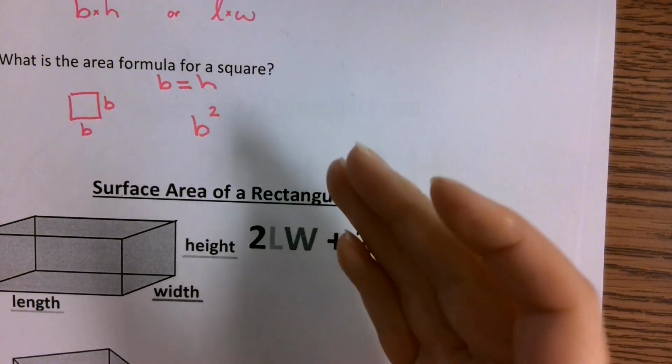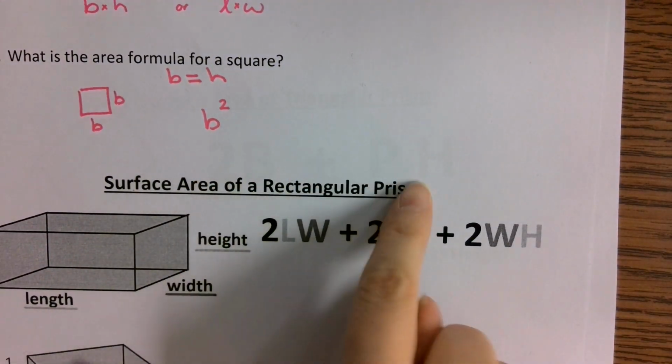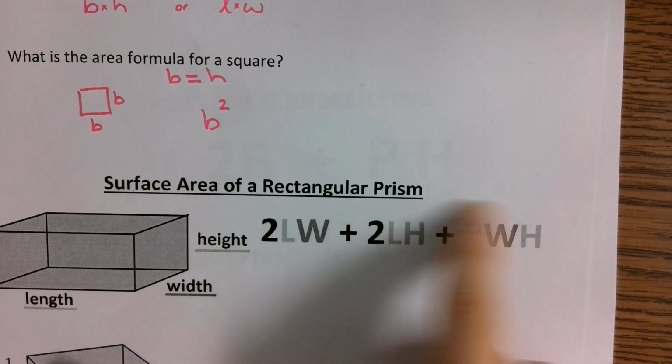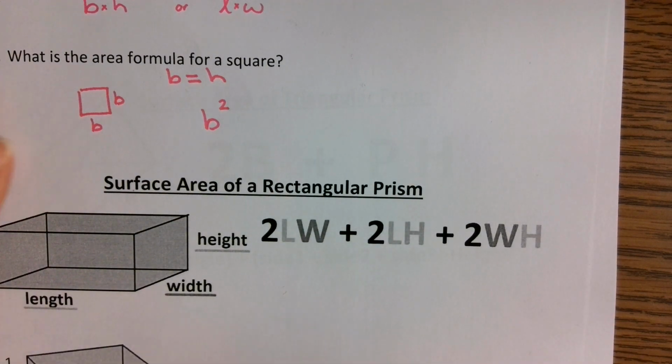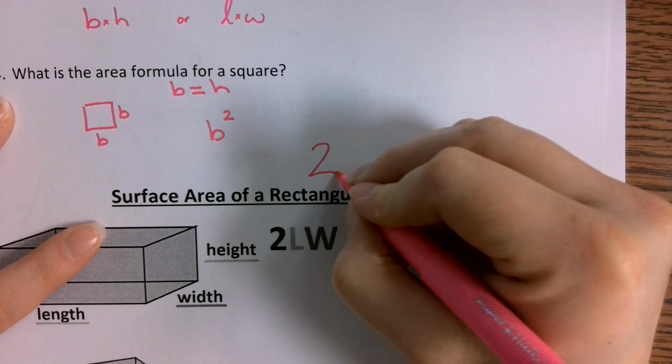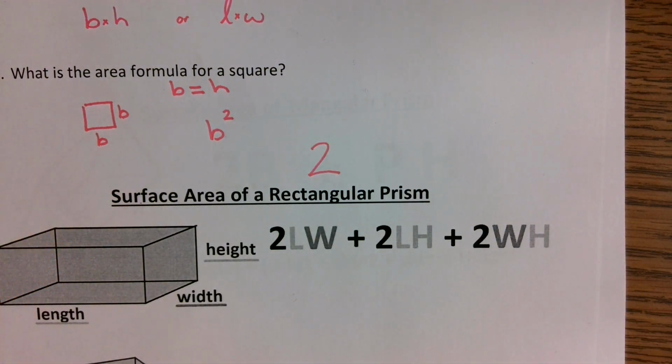So when we're talking about a formula for surface area of any prism, we have the formula 2 times the area of your base shape.